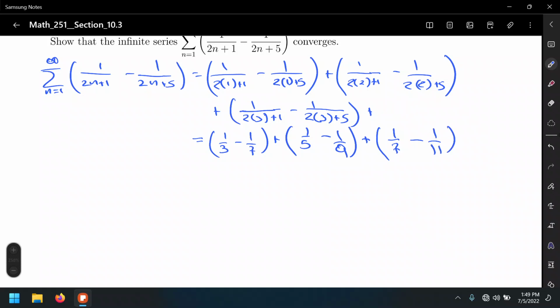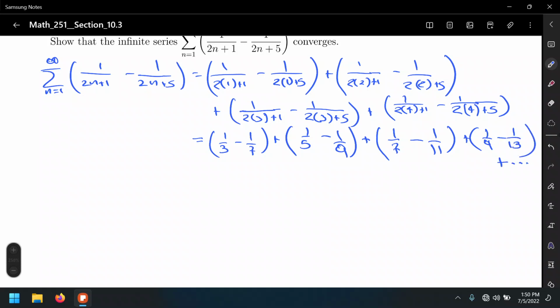Okay, let me expand one more: 1 over 2 times 4 plus 1 minus 1 over 2 times 4 plus 5, which in this case is 2 times 4, which is 8 plus 1 is 1/9, and 2 times 4, which is 8 plus 5, isn't it 1/13?